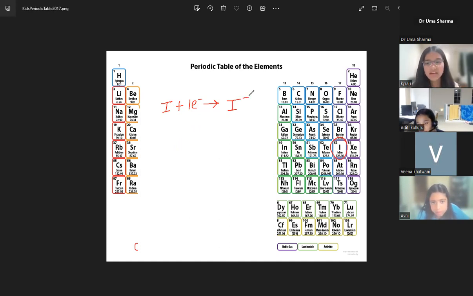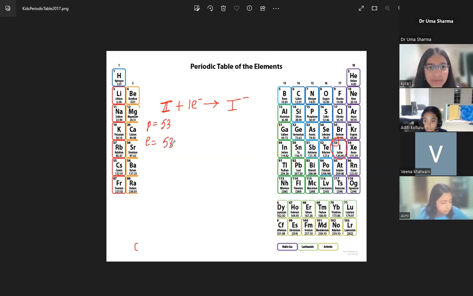If it is gaining one electron, then negative 1. How many protons in iodine? 53. How many electrons in this neutral iodine? 53.